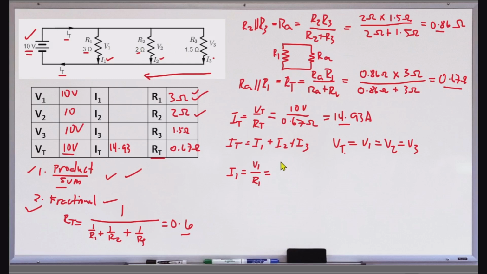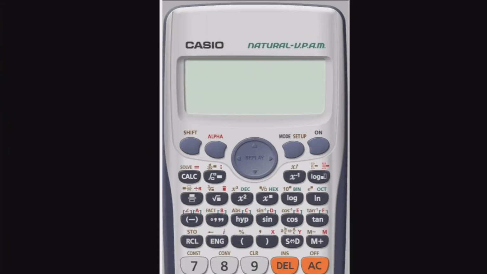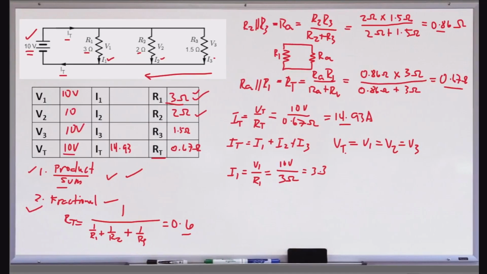So we have 10 volts over R1. Our value for R1 is 3 ohms. So that's 10 divided by 3, which is 10 over 3 or 3.3.